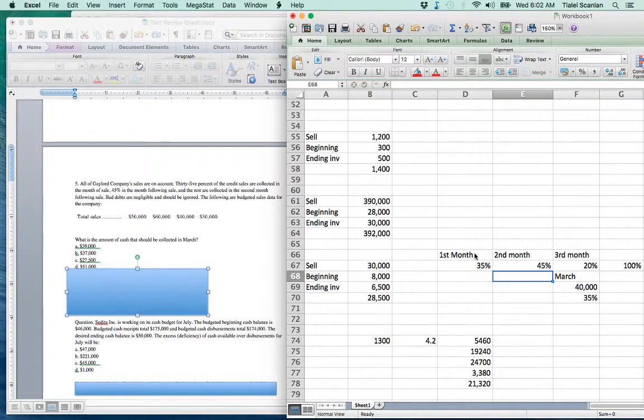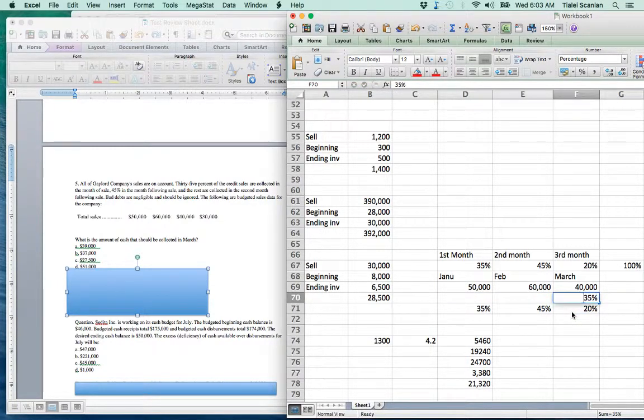Okay, but for February and January, we have 50,000 and 60,000 in sales. So in January we're collecting 35% of this 50,000. We're collecting 45% of this 50,000. And then in March we're collecting 20% of the 50,000 over here, right?